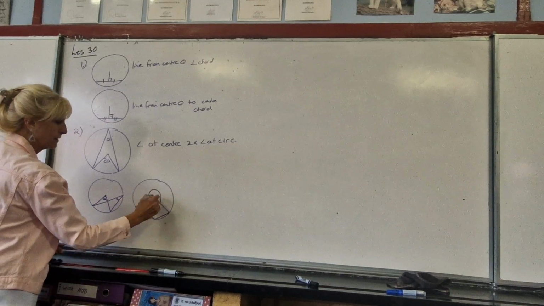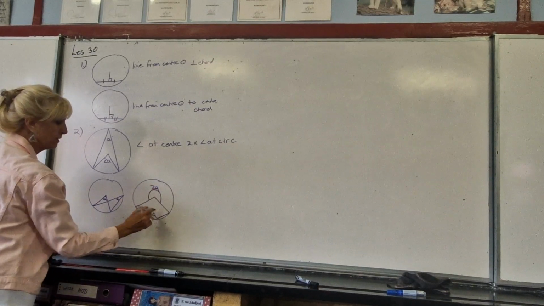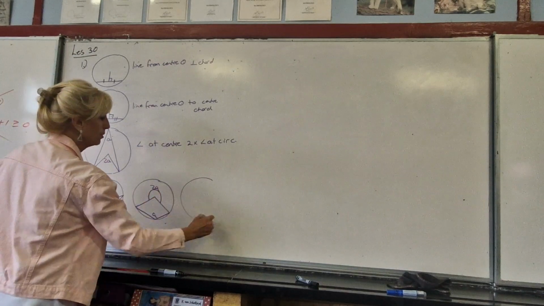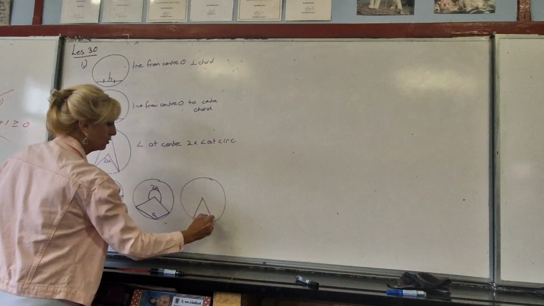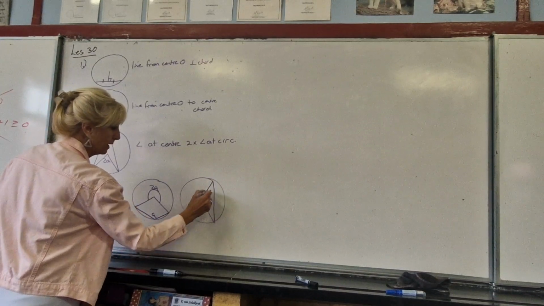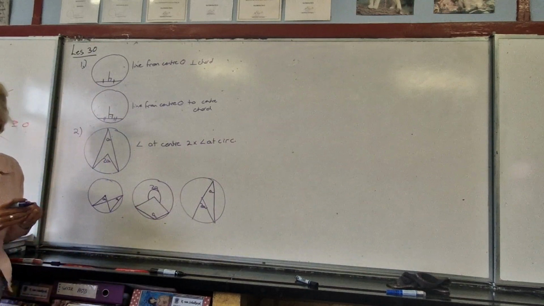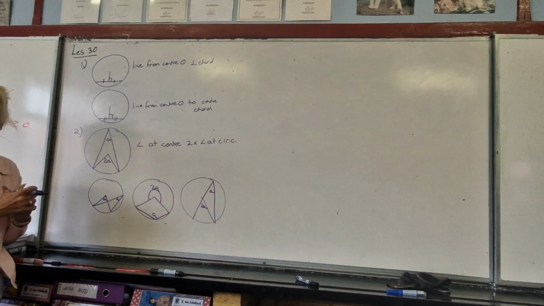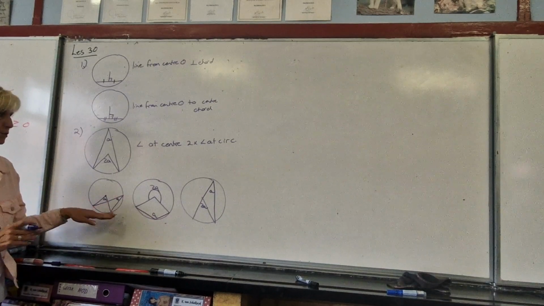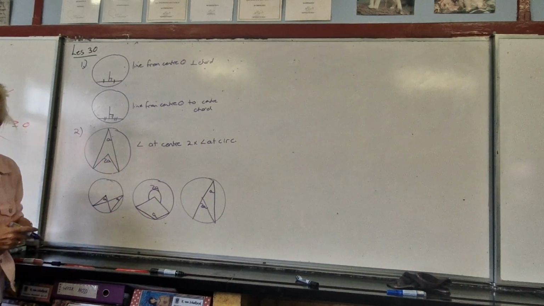The angle at the center is twice the angle at the circumference when it's squashed out. There's another one that you've got to keep a lookout for, when it's exactly on top of each other. That's still going to be 2a and a, because those are things that you miss if you don't look for it. It's in a sum and then you don't see it because you're not looking for it. Theorem 2, angle at the center is twice the angle at the circumference.